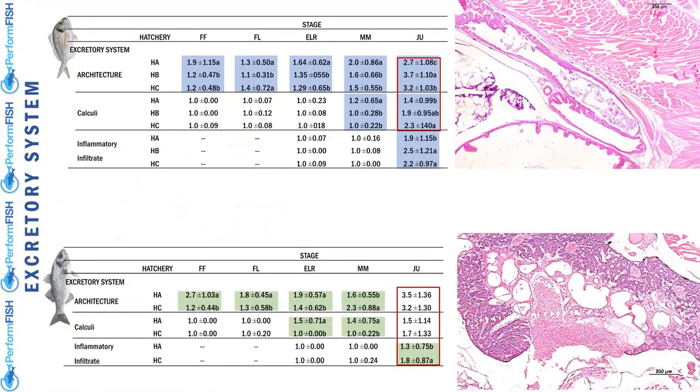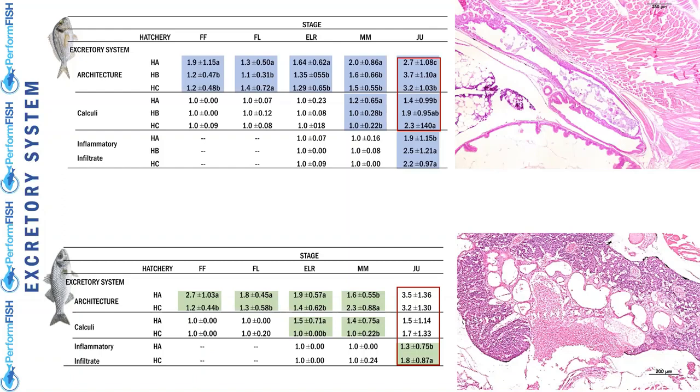At the end, the architecture of the excretory system was significantly altered in all hatcheries: ectasia of tubules and urinary bladder, glomerulopathy, epithelial desquamation, necrosis, presence of granulomas, tubular macrophage aggregates.